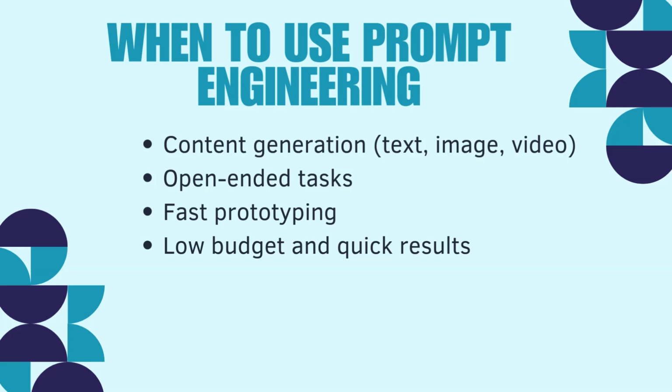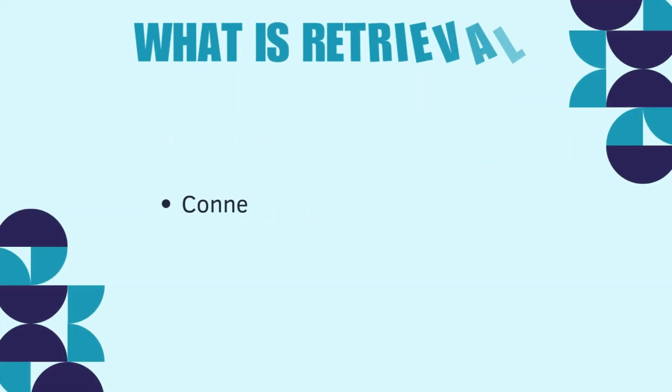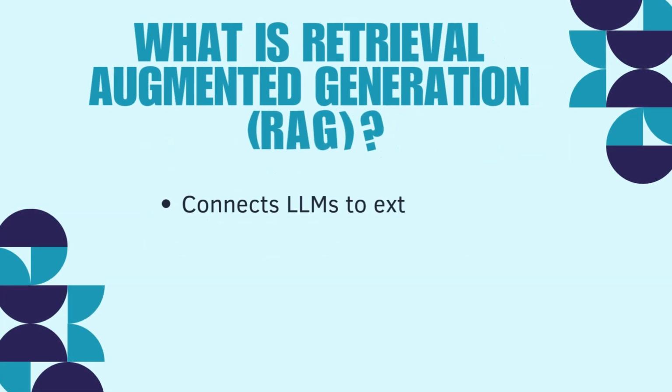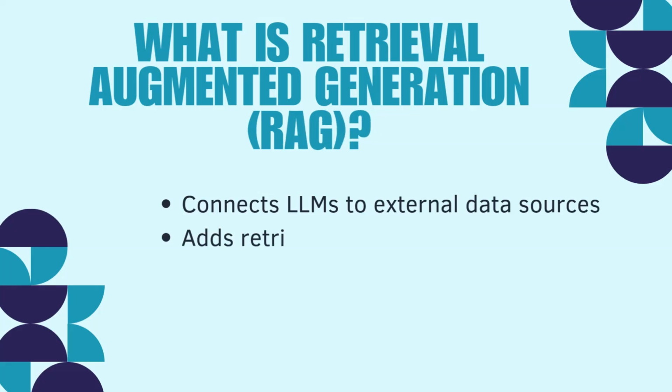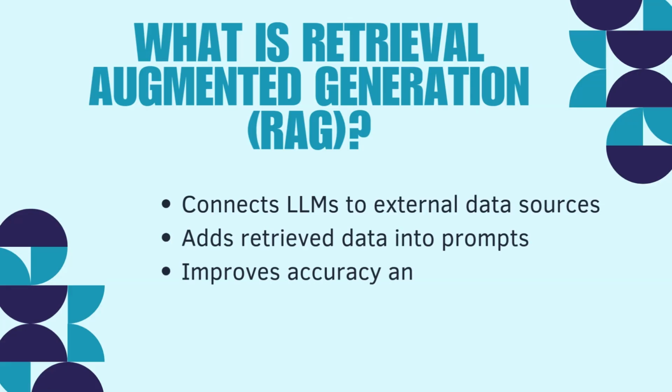Retrieval Augmented Generation, RAG. RAG is a data architecture framework that connects an LLM to external data sources, often an organization's proprietary data stored in data lakehouses or document repositories. Instead of relying only on what the model learned during training, RAG injects relevant data into the prompt at runtime.